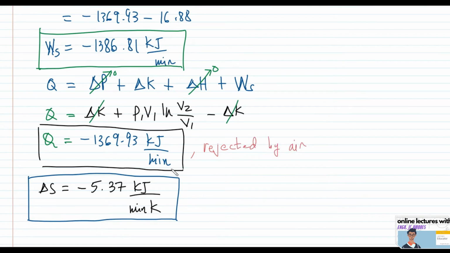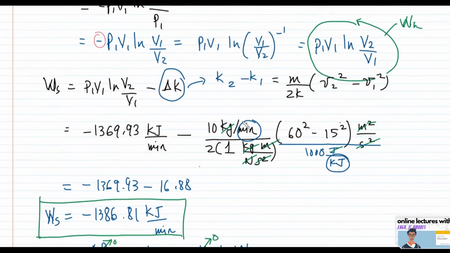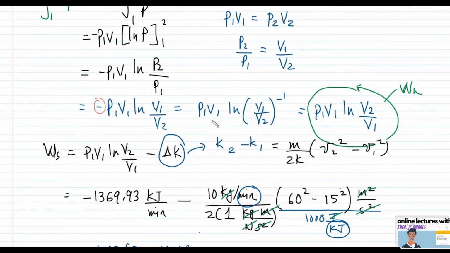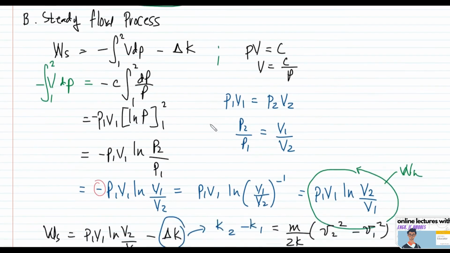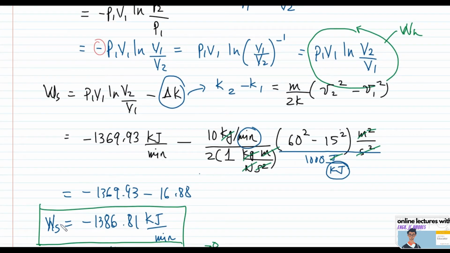And then since heat is rejected, your work is also negative, so work is done on the system. So this W sub S is negative, so work is done on this system.